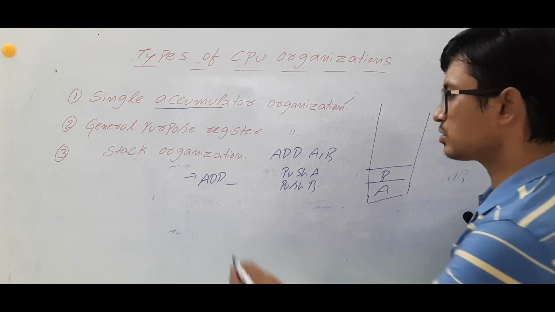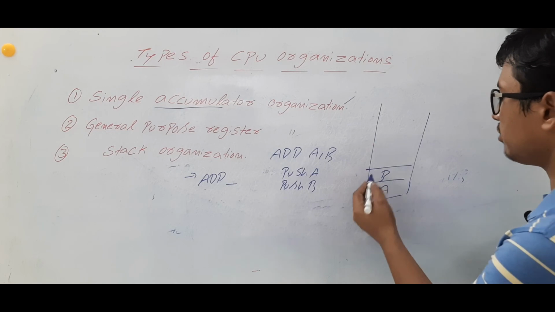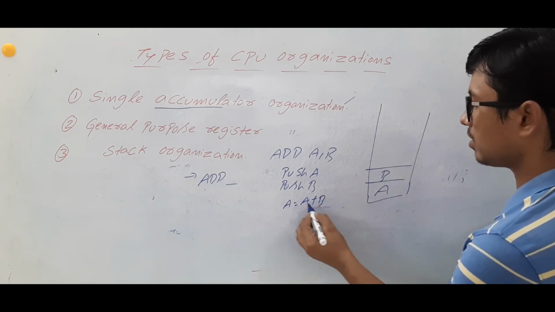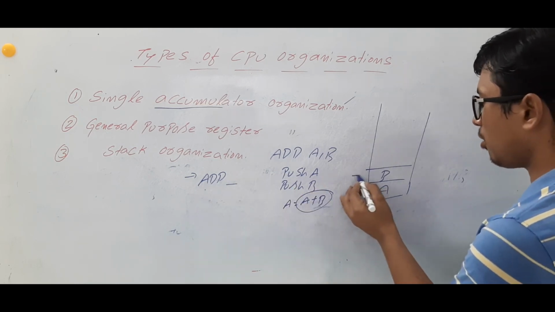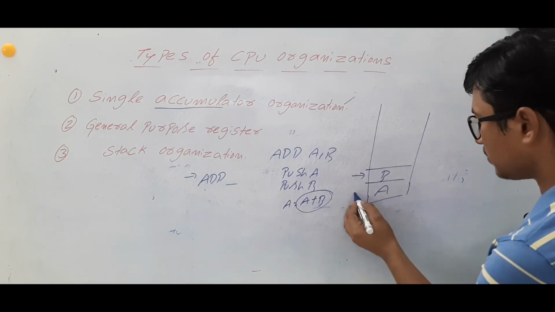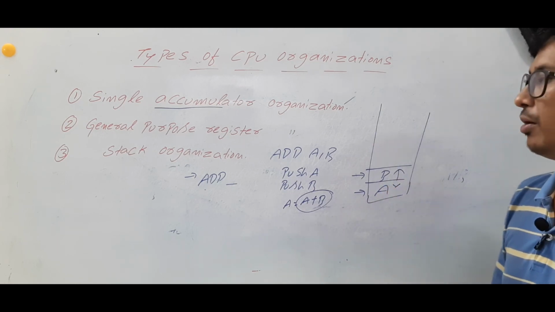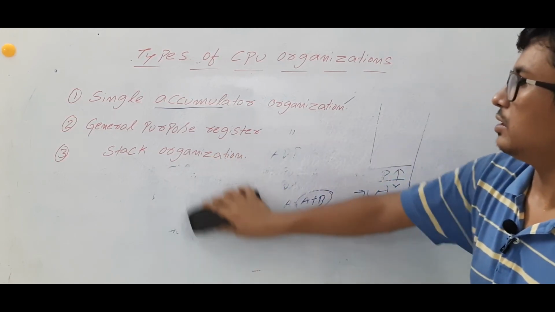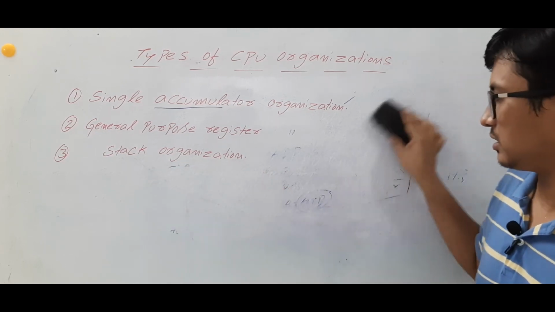Is it clear? So we will call it a zero address instruction. It will perform the a plus b operation because the top element is b and the next element is a. Between these two elements the addition will be performed. So we can perform zero address instructions using the stack organization.